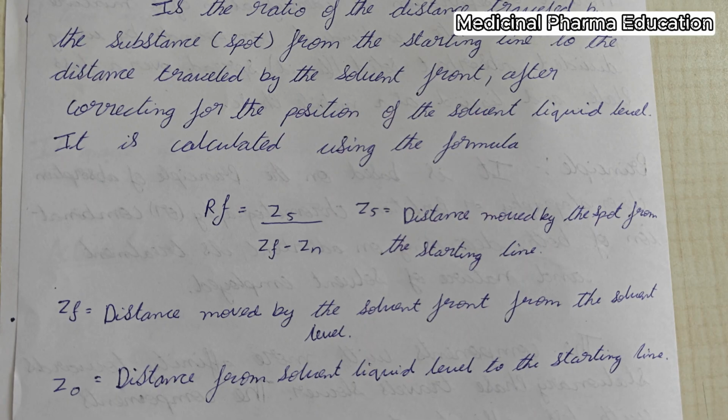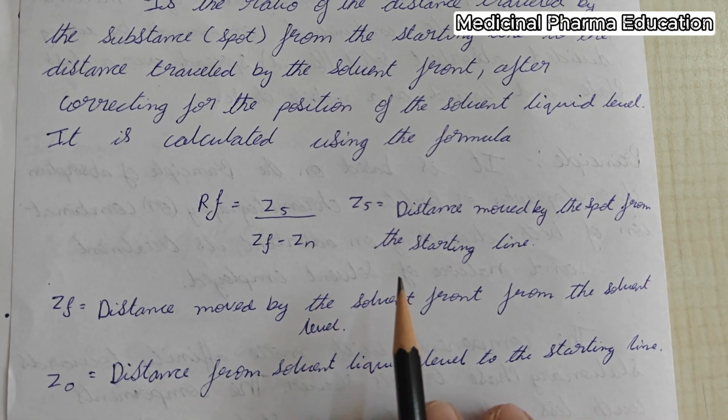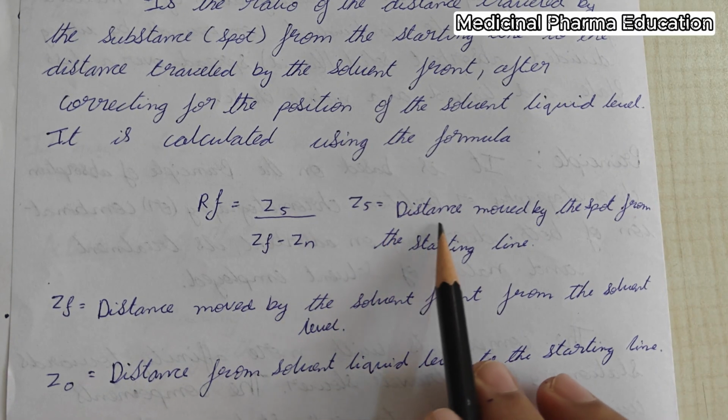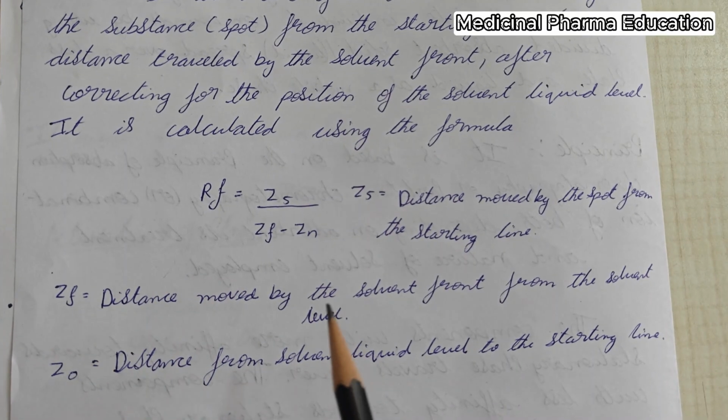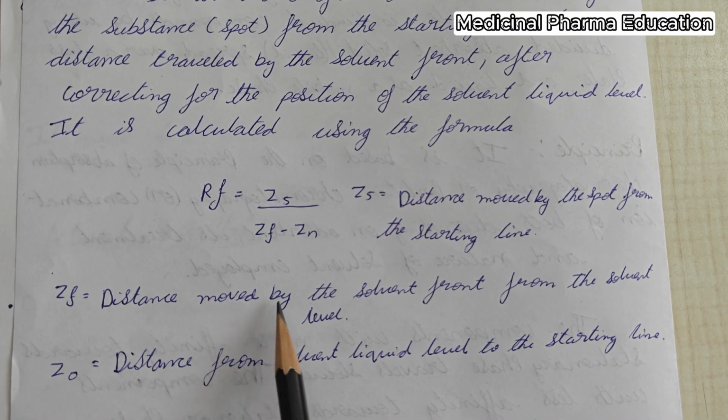By this we can calculate the RF value: Zs divided by Zf minus Z0. By this we calculate the retardation factor. Zs is the distance moved by the spot from the starting line. Zf is the distance moved by the solvent front from the solvent level, and Z0 is the distance from the solvent liquid level to the starting line.